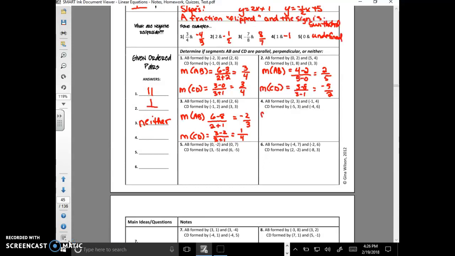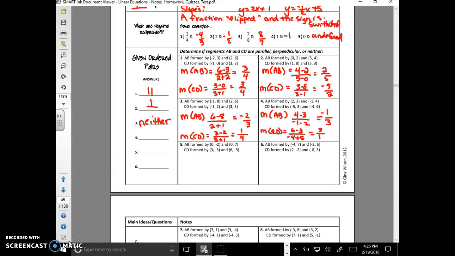Number 4. So the slope of AB is 4 minus 3 over negative 1 minus 2, which gives us negative 1/3. And then the slope of CD is 6 minus 3 over negative 4 plus 5, which gives us 3 over 1.